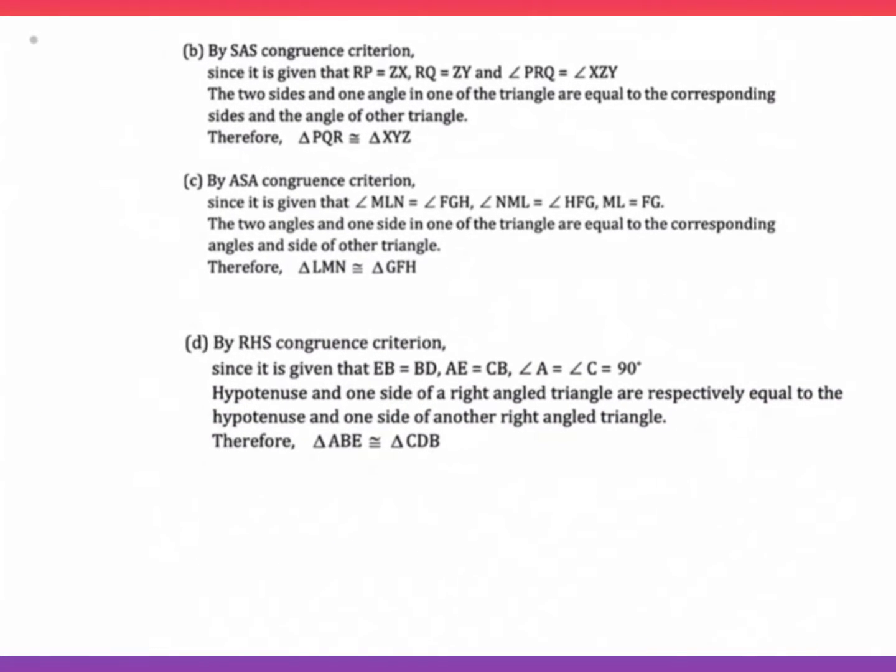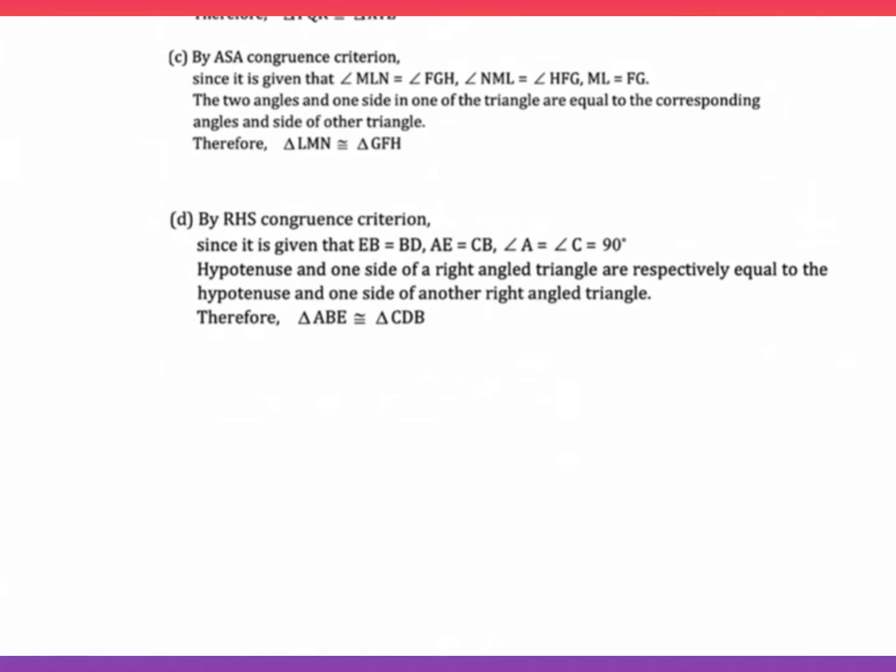So you can say that the answer for this question is by RHS congruency criteria: the hypotenuse and one side of a right angle triangle are respectively equal to the hypotenuse and one side of another right angle triangle. So by RHS congruency, triangle ABE congruent to triangle CDB. So this is the answer of this question.